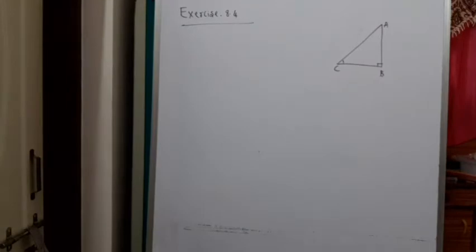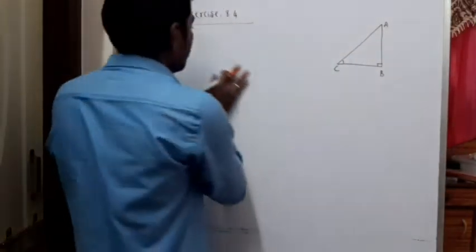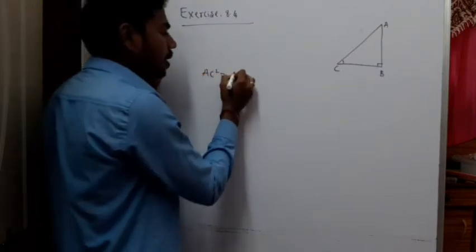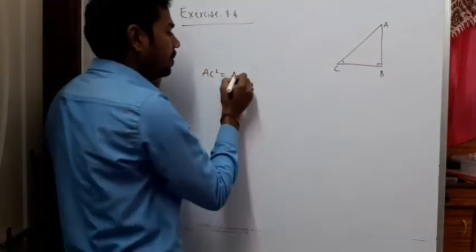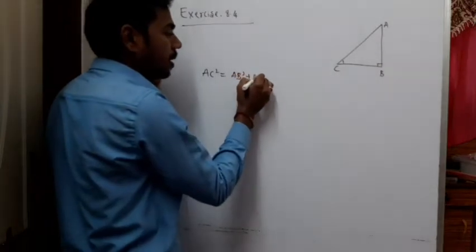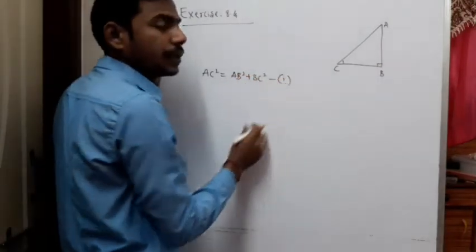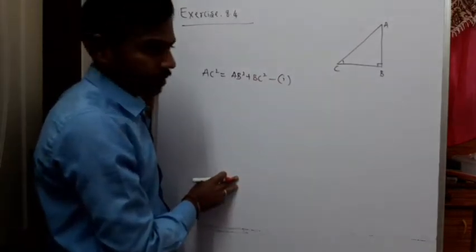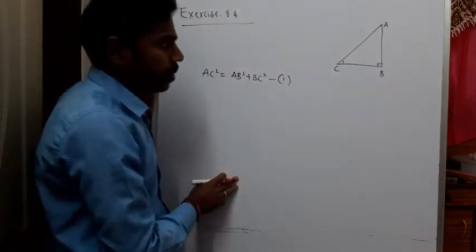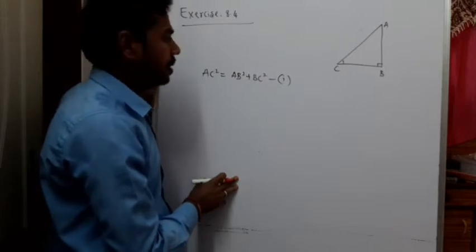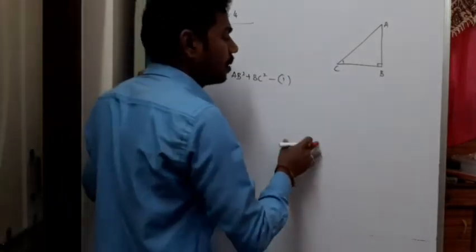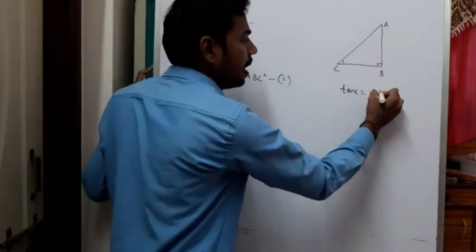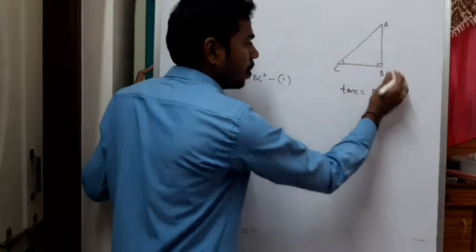Now the next identity. We will make use of Pythagoras theorem. AC square is equal to AB square plus BC square. We'll call it equation number 1. Now I want to express the equation in terms of cot C. What is cot C? It is 1 by tan C. Tan C is nothing but AB by BC, opposite by adjacent.